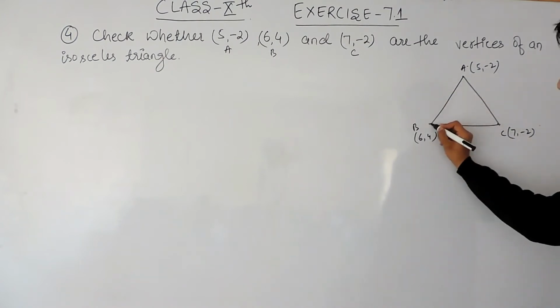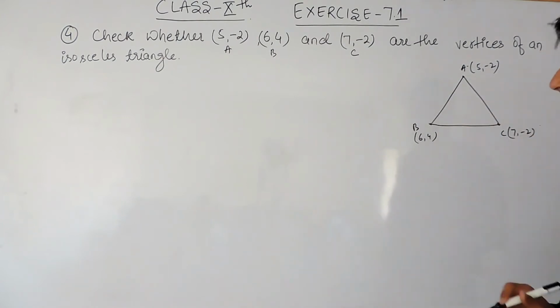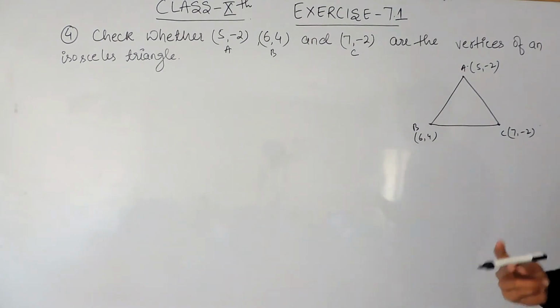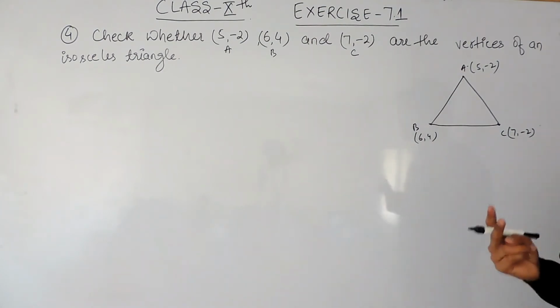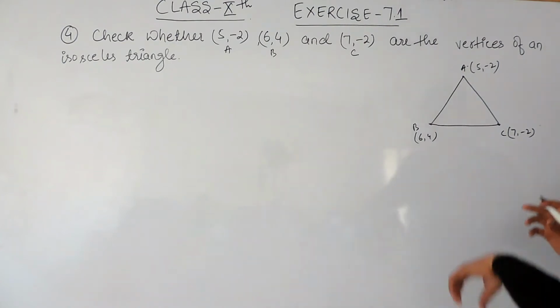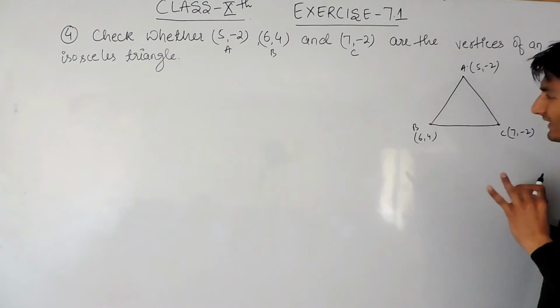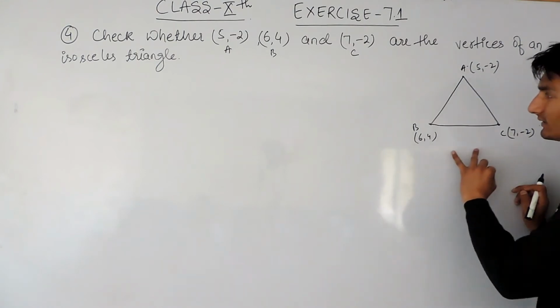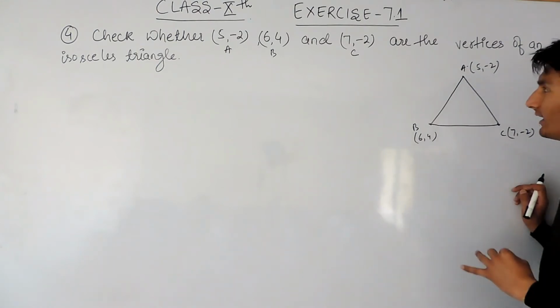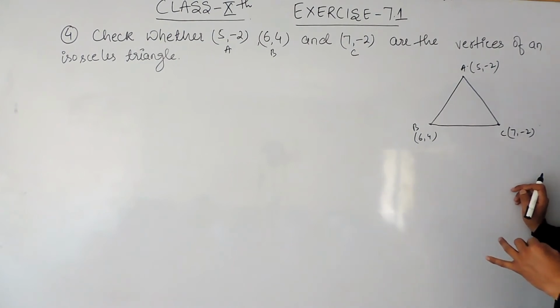Vertices means these corners. And an isosceles triangle is a triangle having 2 equal sides. Means if you can prove that out of these 3 sides, 2 sides are equal, in that case this will become an isosceles triangle.